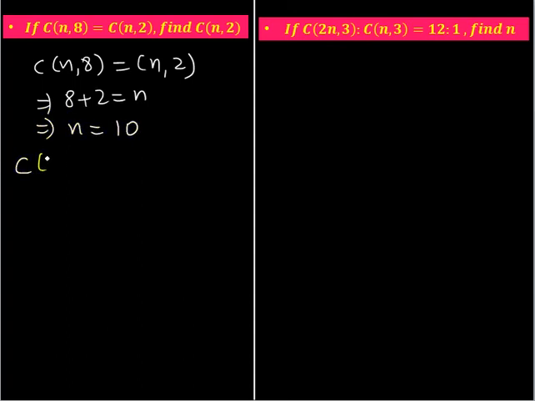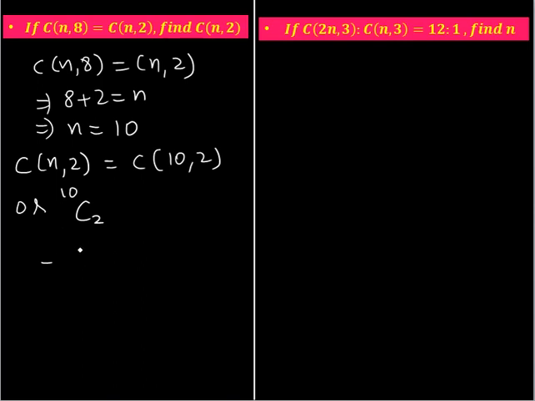Now we can find C(n, 2), which happens to be C(10, 2). Children, this can also be written as 10C2. This is alternative notation for writing combination coefficient. Okay, so on expanding, this will be 10 factorial over 2 factorial into 10 minus 2 factorial. 10 minus 2 factorial is 8 factorial.